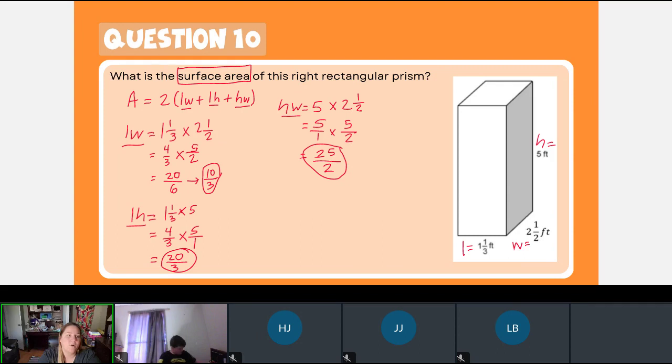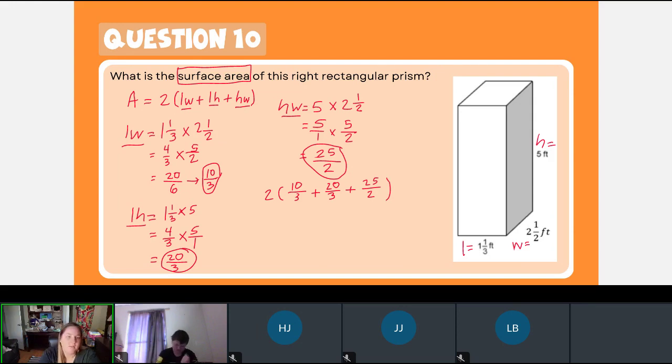Okay, so now we can go back and plug these numbers into our formula. Okay, so let's rewrite that. 2 times length times width, which we found was 10 over 3, plus length times height, which we found was 20 over 3, plus height times width, which was 25 over 2.